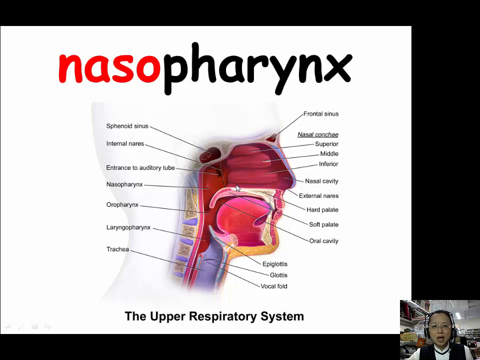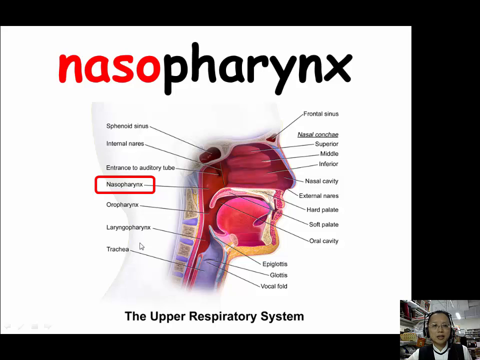Nasopharynx is the upper part of the pharynx, connecting with the nasal cavity above the soft palate. This is the nasal cavity. And then our pharynx, the upper part is the nasopharynx, and the middle part is the oropharynx. We just learned ORO.